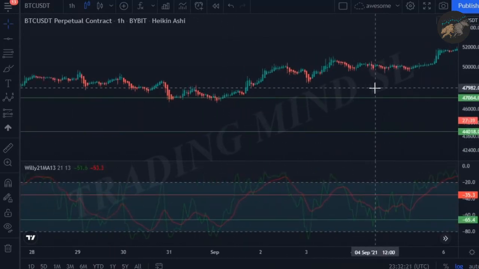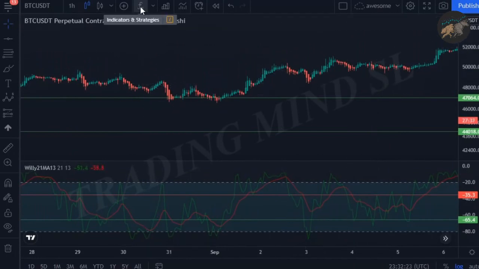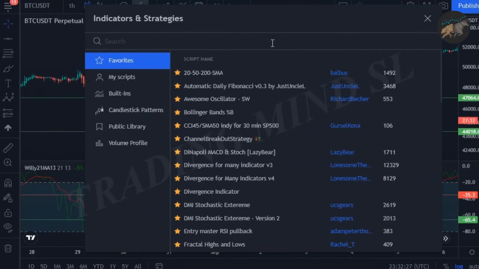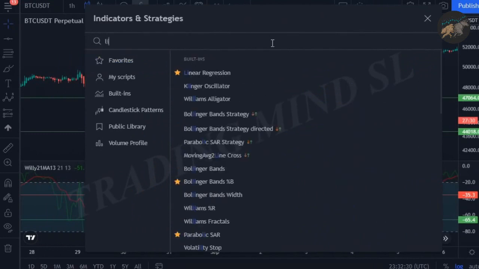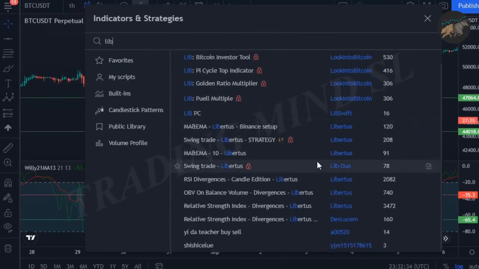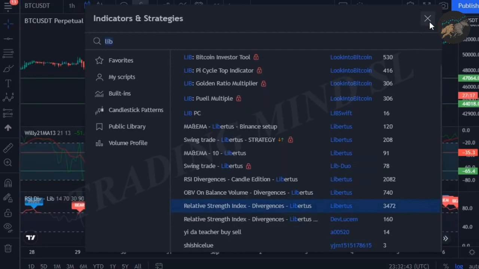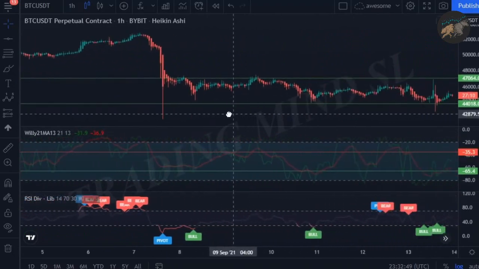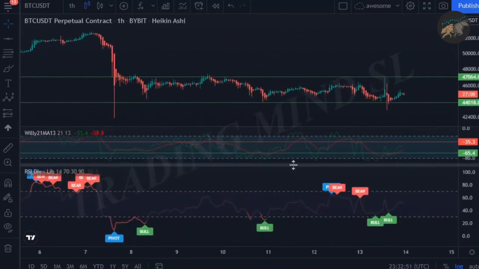Finally, we will add a simple indicator to help us identify and confirm the buying and selling areas. This indicator does not need an explanation.